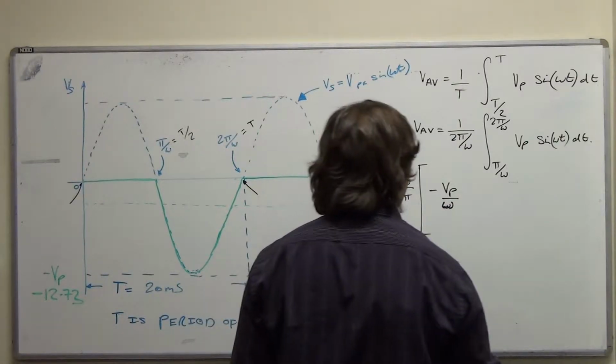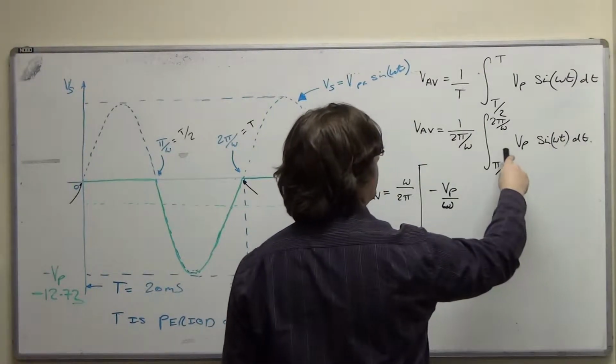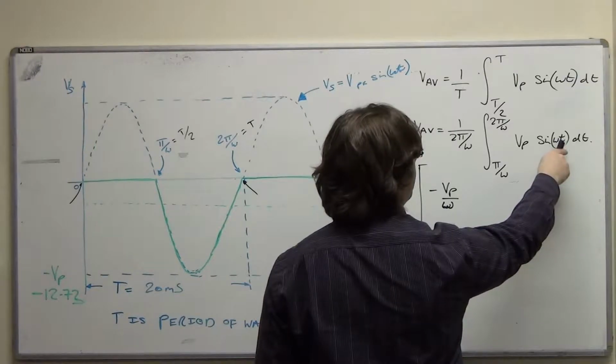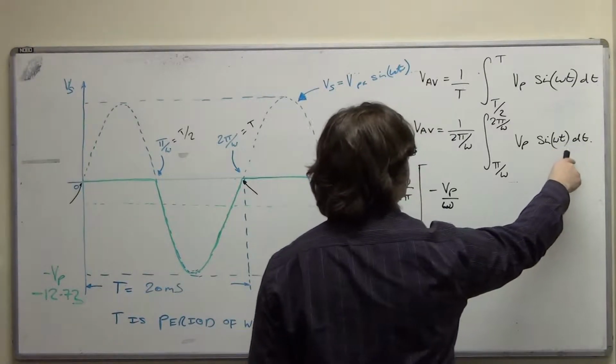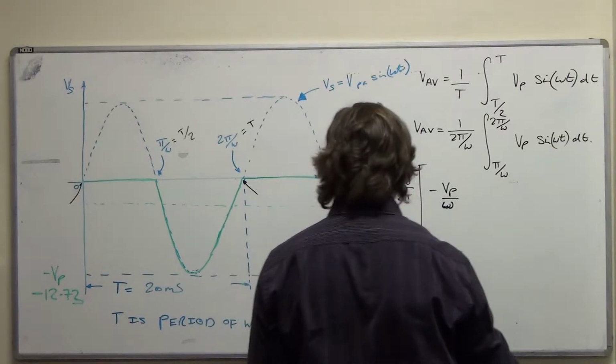I would think about this as a sine of b times a parameter, and the parameter is what you're integrating across. So you'll end up with minus that over that, cos.